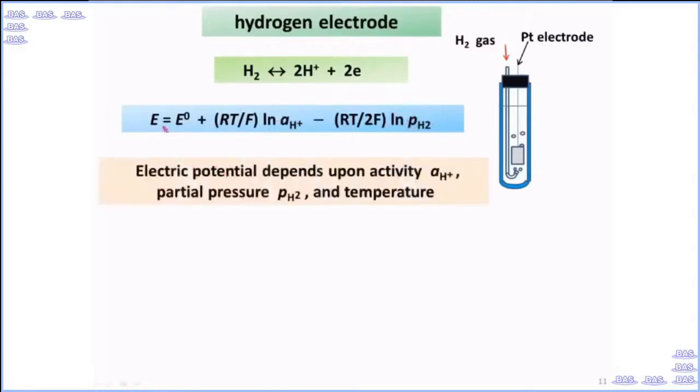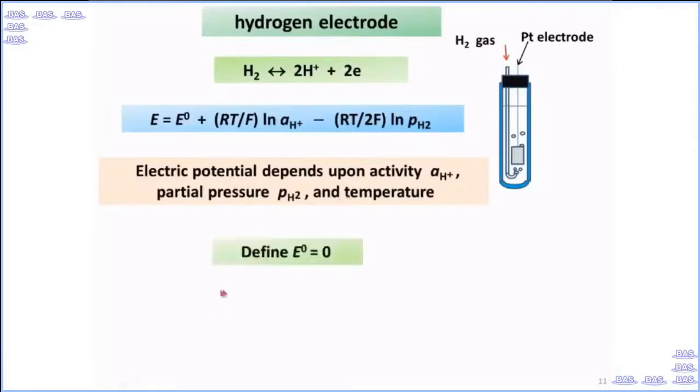Electric potential depends upon activity and partial pressure of hydrogen gas and temperature. So if you describe the potential in your experiment, the experimental measuring condition is needed to present.